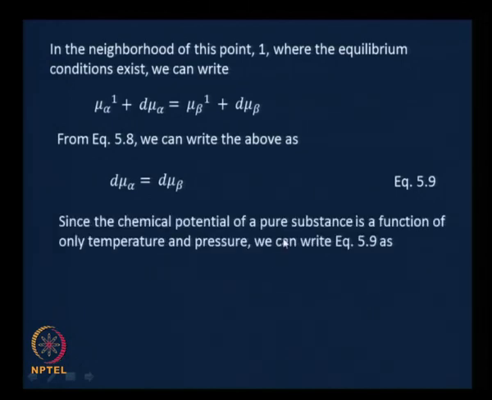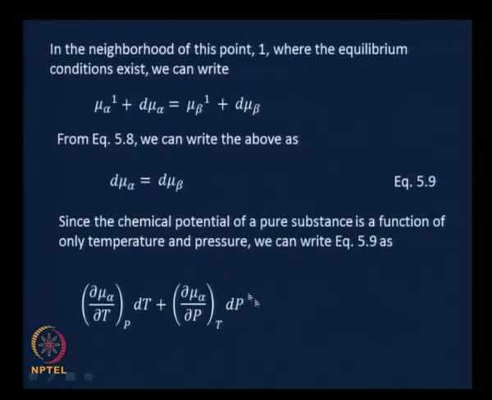Since the chemical potential of a pure substance is a function of only temperature and pressure, we can write equation 5.9 in terms of the expanded functionalities. This is the total differential, writing it in terms of partial differentials from the theorem in mathematics. d mu alpha is dou T of mu alpha at constant pressure dT plus dou P of mu alpha at constant temperature dP.